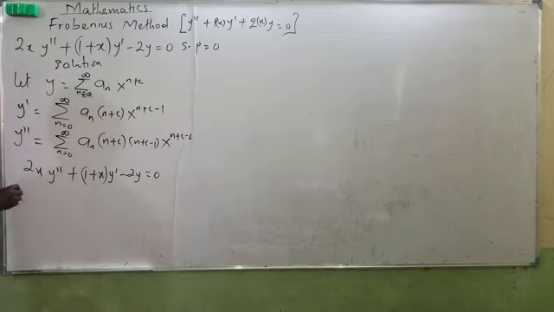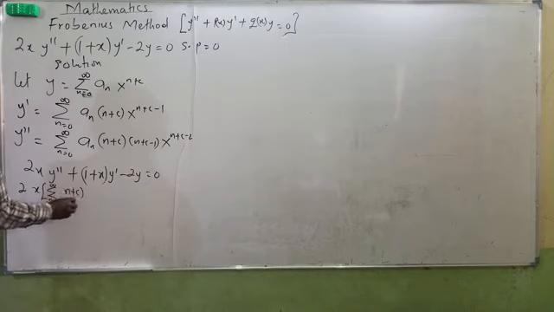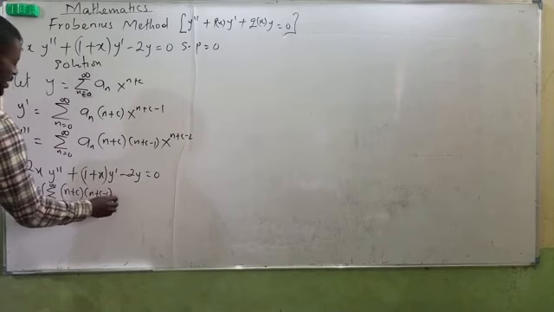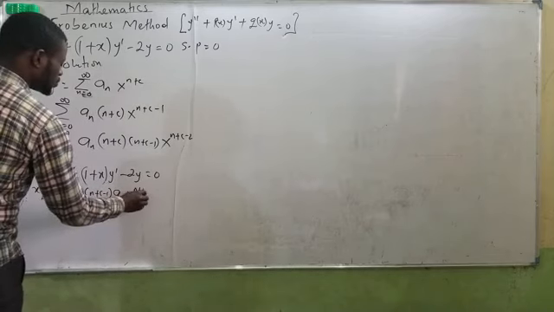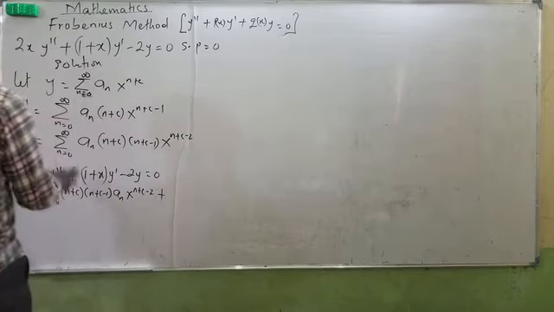I will have 2x in the bracket of the summation from 0 to infinity, where y double prime is (n plus c)(n plus c minus 1) a_n x raised to power n plus c minus 2, and plus. That is the first step.